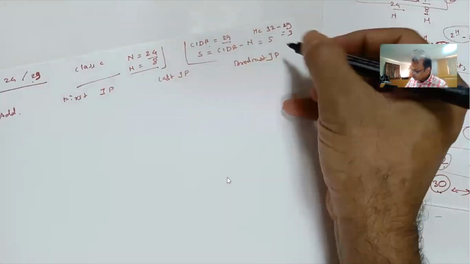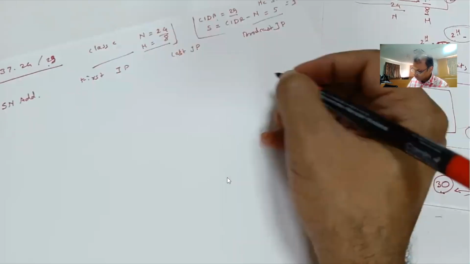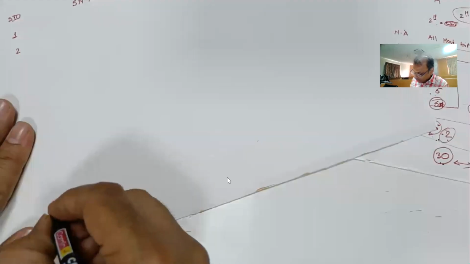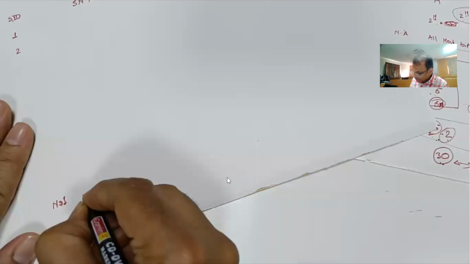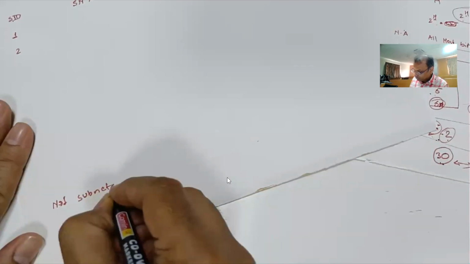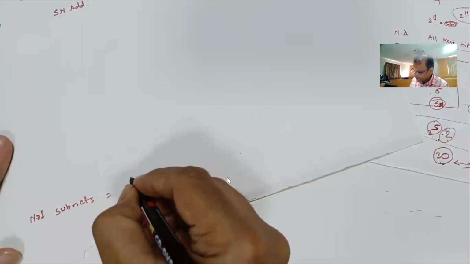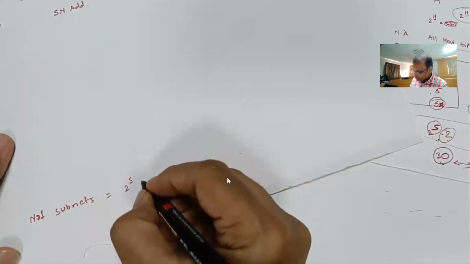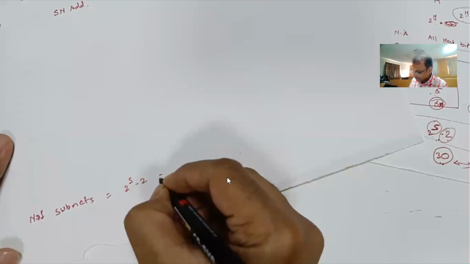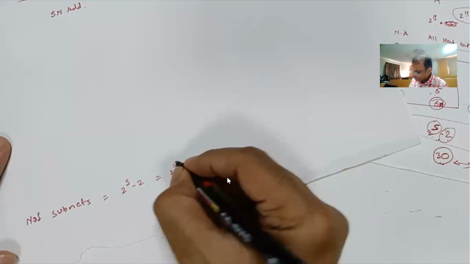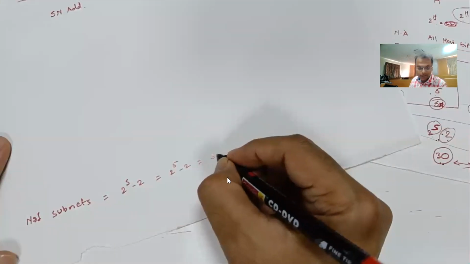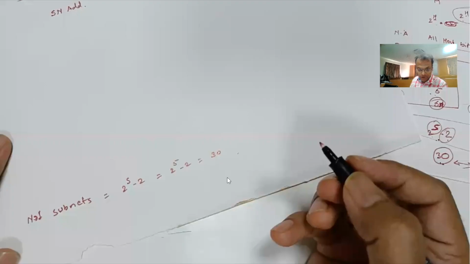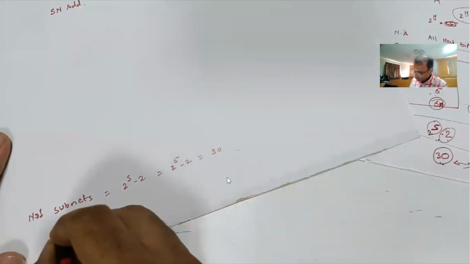So depending on the subnet bits, number of subnets equal to 2 raised to S minus 2. That is 2 raised to 5 minus 2, that is 30. That is number of subnets. Number of hosts per subnet.